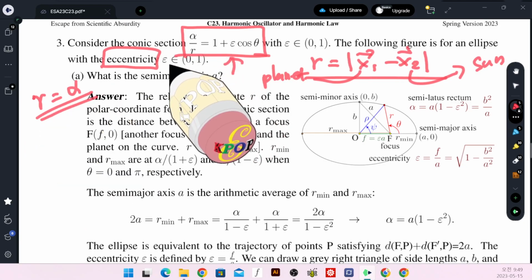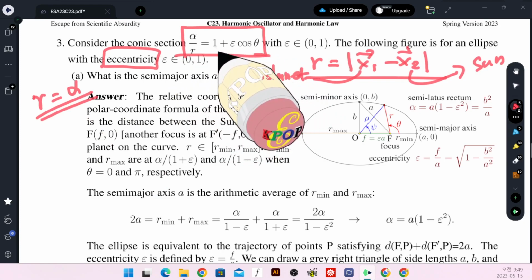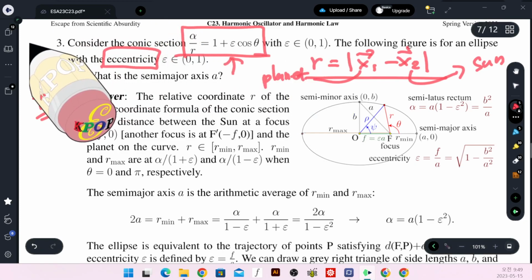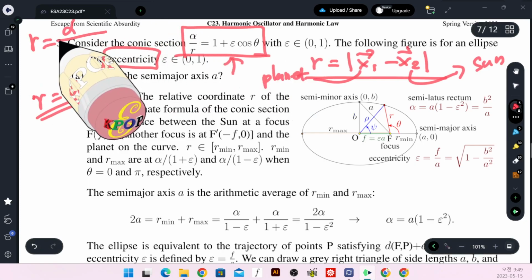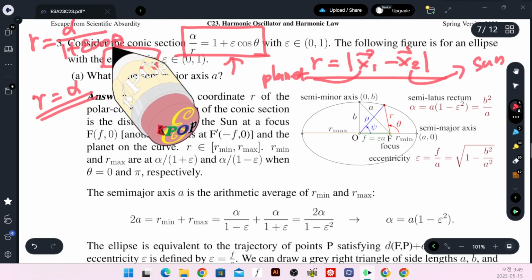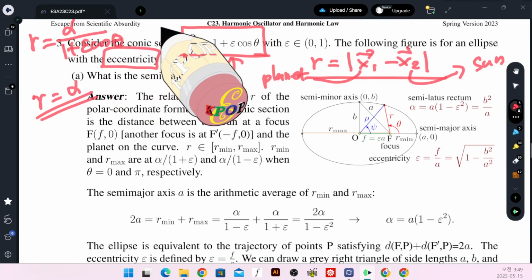And then if epsilon is between 0 and 1, this one varies. Because of this, the radius is alpha over 1 plus epsilon cosine theta. Cosine theta ranges from -1 to +1.